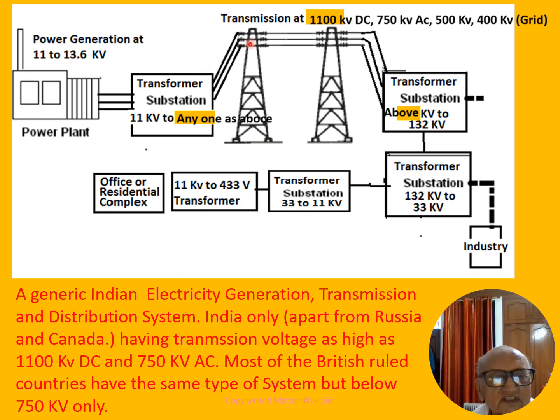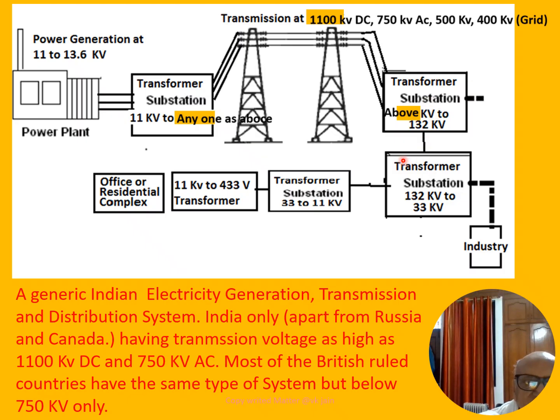So they are taken over the overhead transmission towers, and from there, in case of grid, it is brought to a transmission substation, which steps down from any of the above voltages to 132 kV near a big city.